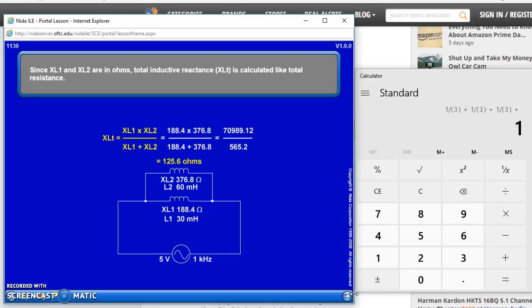So again, it's product over sum, but for more than 2, we could do reciprocal. And so they multiplied the equivalent values of 188.4 times 376.8 over 188.4 plus 376.8.